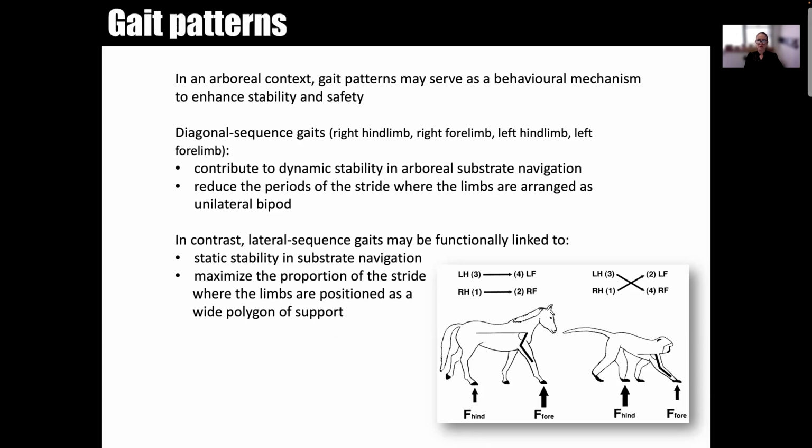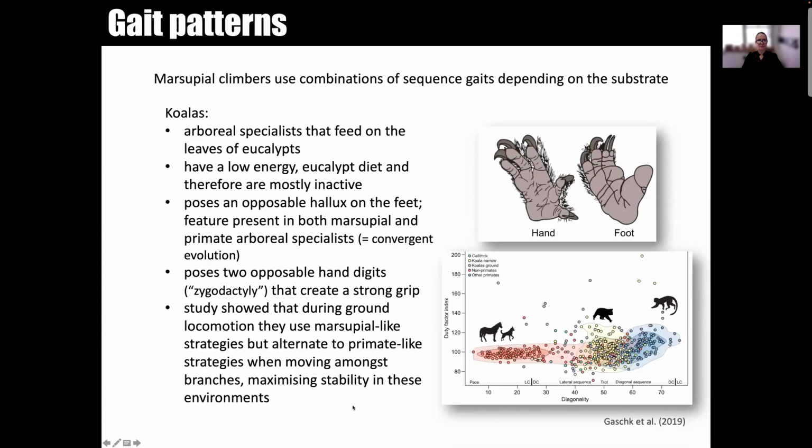In contrast, lateral sequence gaits may be functionally linked to static stability in substrate navigation, and it maximises the proportion of the stride where the limbs are positioned as a wide polygon of support. So lateral sequence gaits are what we see in many ungulates. We recognise that marsupial climbers use combinations of different sequence gaits, depending on the substrate.